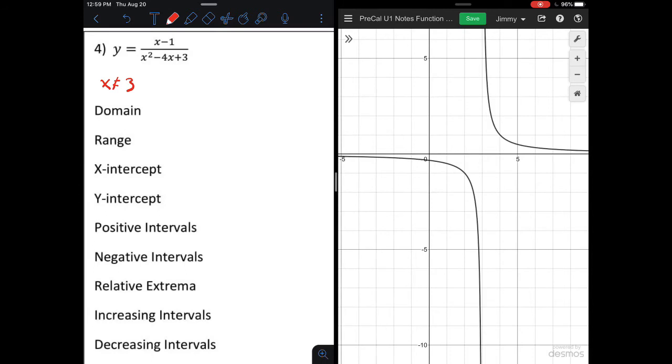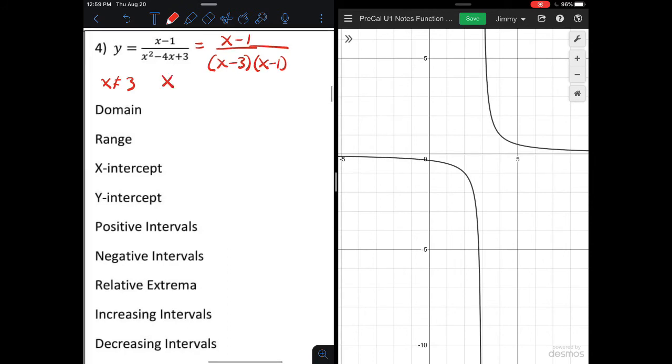Now, the only way to be sure that that is the only discontinuity that exists in this graph for a rational function is to actually factor the denominator. So we're going to factor this denominator. It's going to make x minus 3. So that gives us the vertical asymptote at 3. And then we also have x minus 1. So there's actually two numbers we have to exclude out of our domain interval, positive 3 and positive 1.